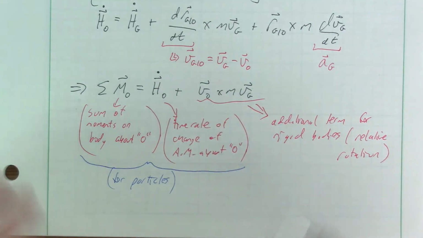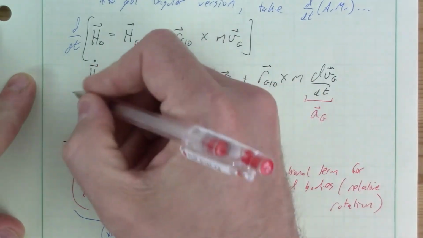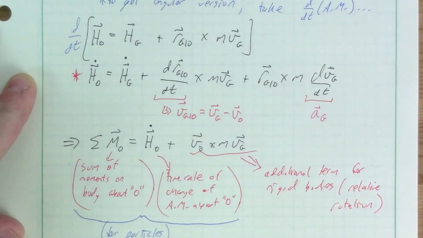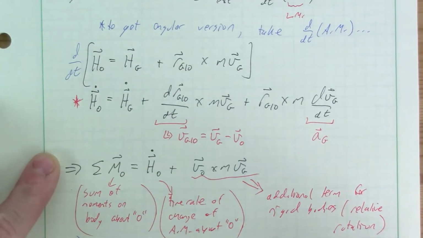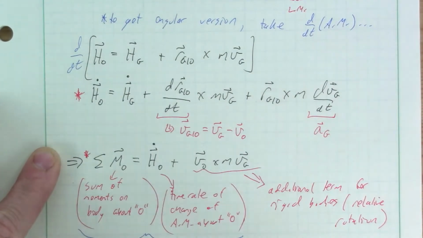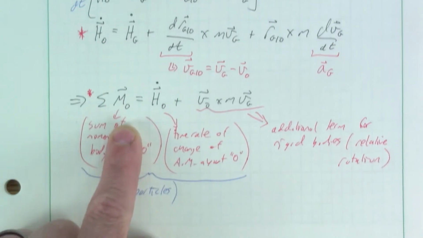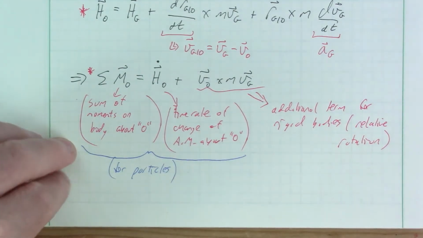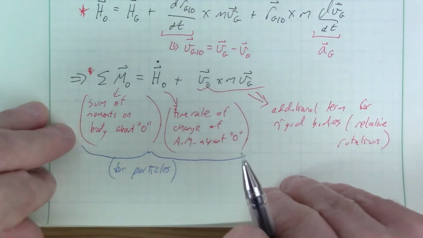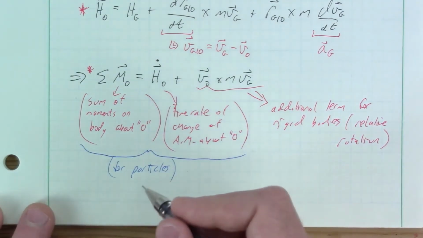So what we're going to do is combine that, which we derived from our time derivative of angular momentum, into our angular version of Newton's second law, and we'll get to our rotational version of Newton's second law in just one more step to go.